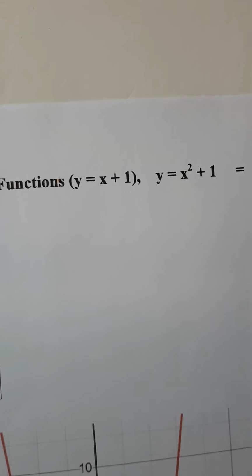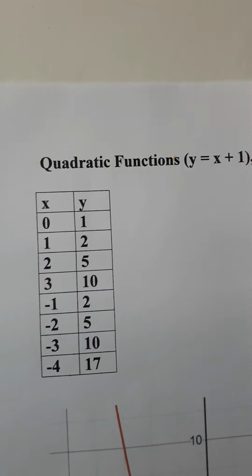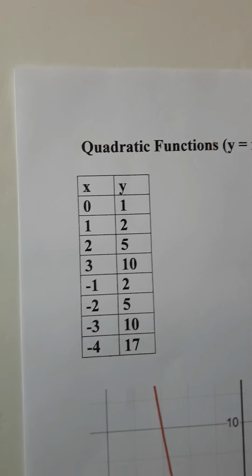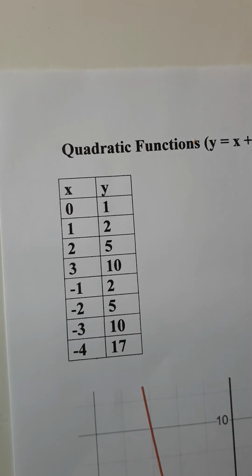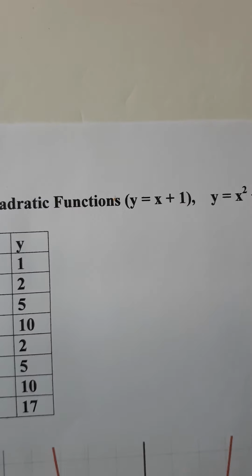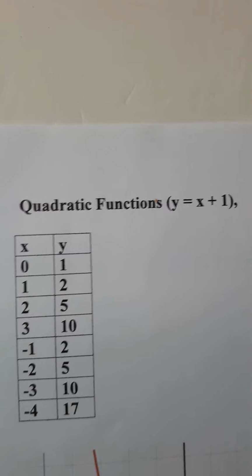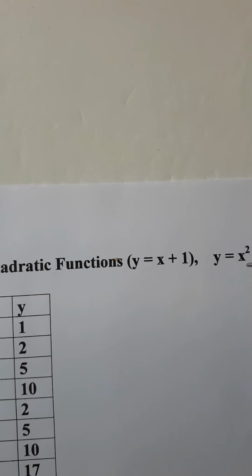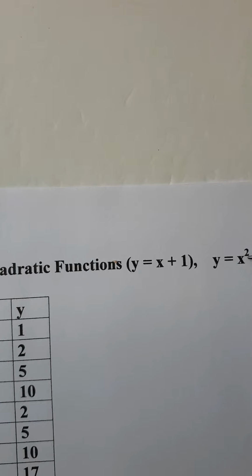Now let's make a chart to understand this one, an xy chart. When x is 0, 0 squared is 0, so the answer is 1. When x is 1, 1 squared is 1, 1 plus 1, 2.